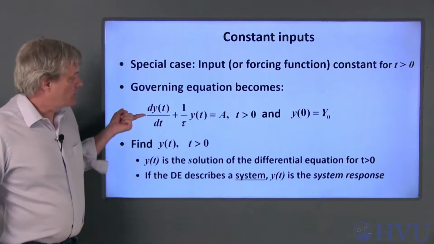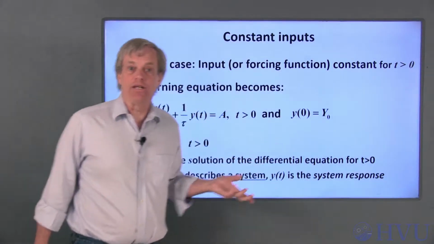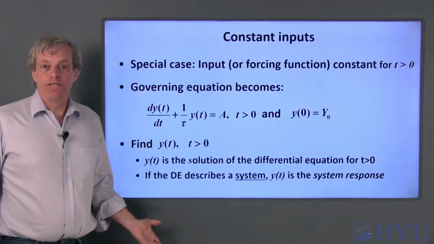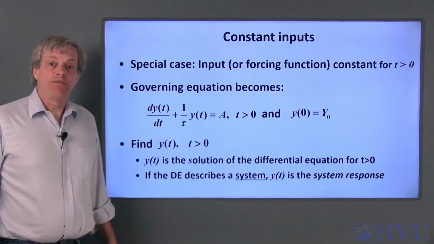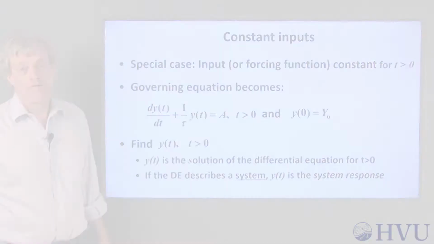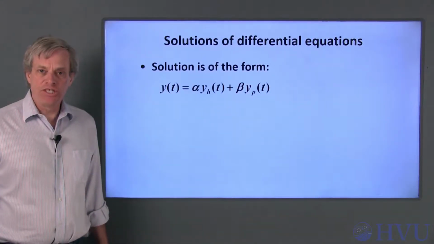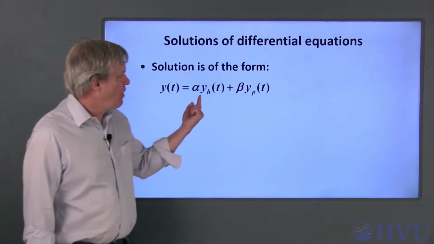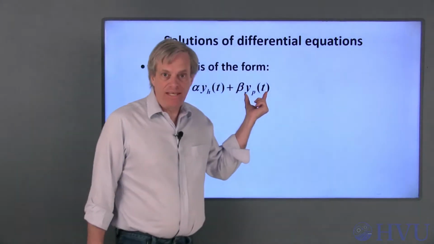y of t is just the solution to the differential equation here with this initial condition. In the case where the differential equation describes a system, such as an electric circuit, the solution to the differential equation is often called the system response. The solution consists of the superposition of a homogeneous solution, y sub h of t, and a particular solution, y sub p of t.